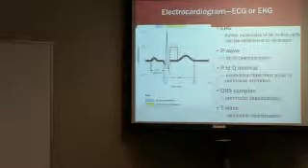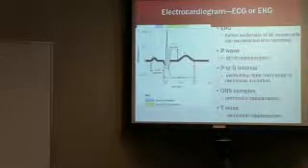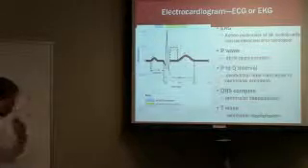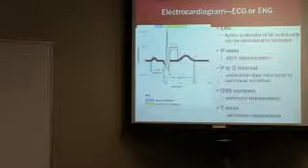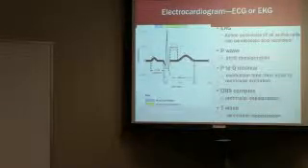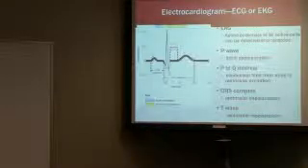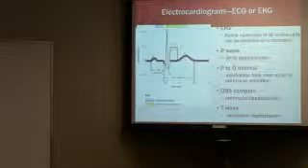Now, I'm not going to go into too much detail about the electrical activity in the heart. I'll touch just a little bit on this because we're talking about medications to treat different arrhythmias. And some medications may affect the normal electrical activity in the heart.